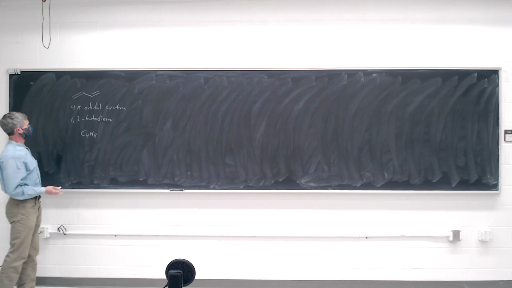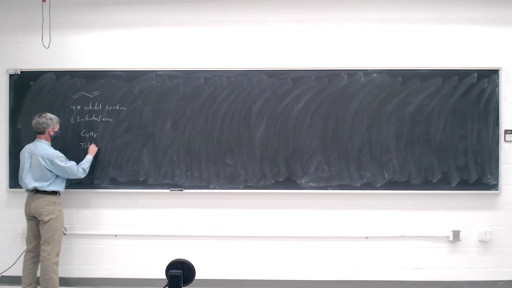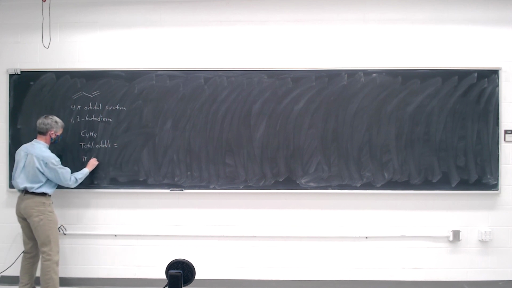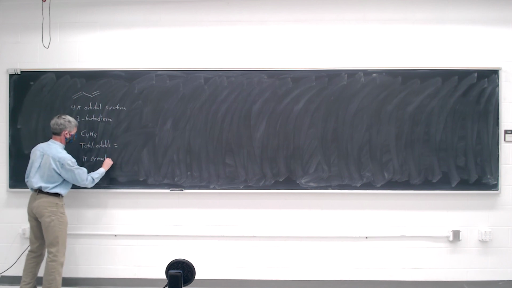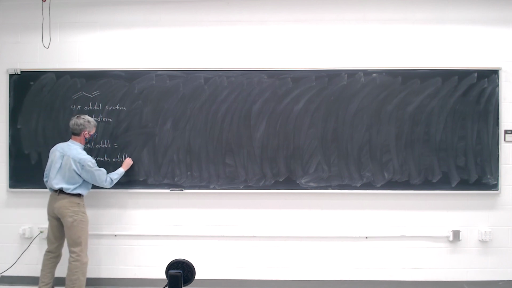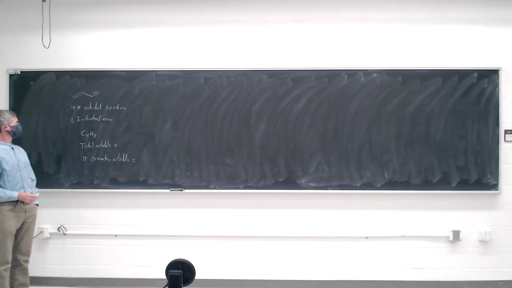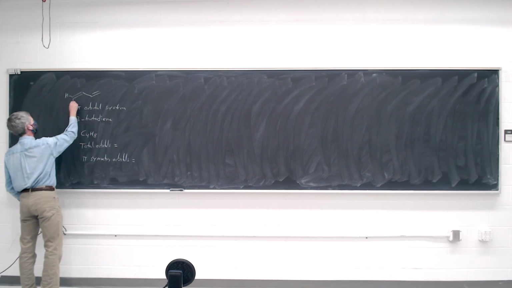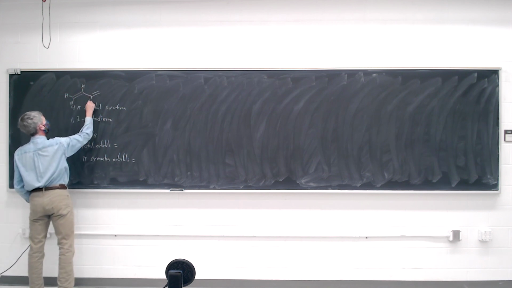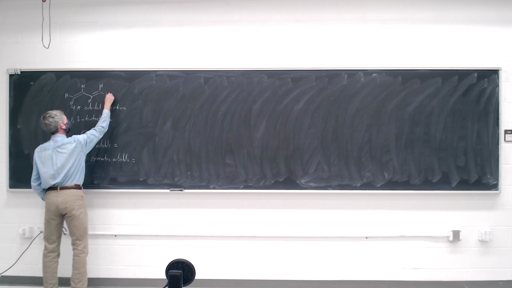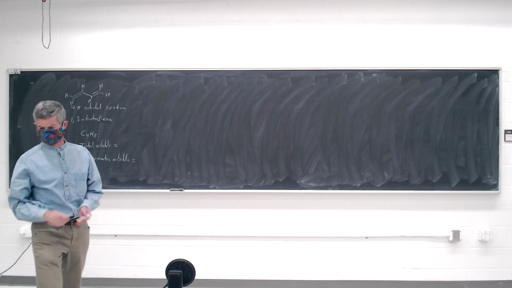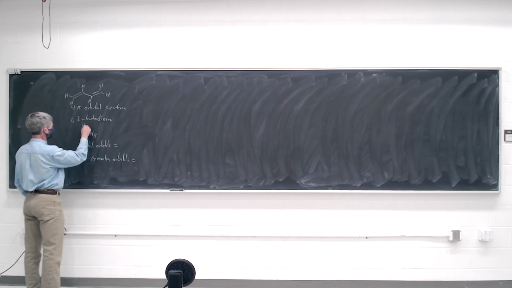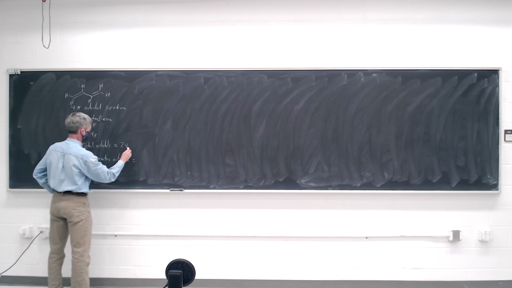Now, how many total orbitals are there? Total 16 plus 8, 24 total orbitals.